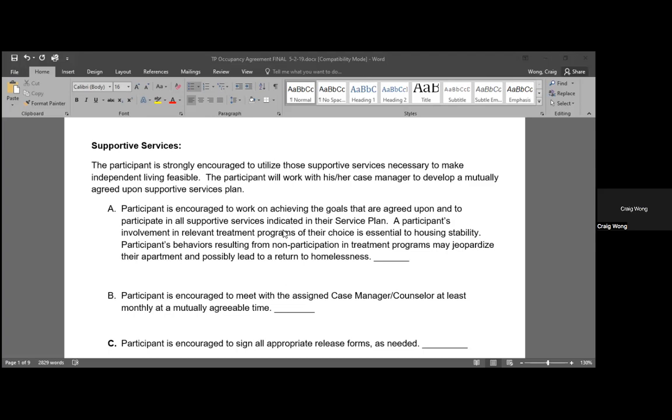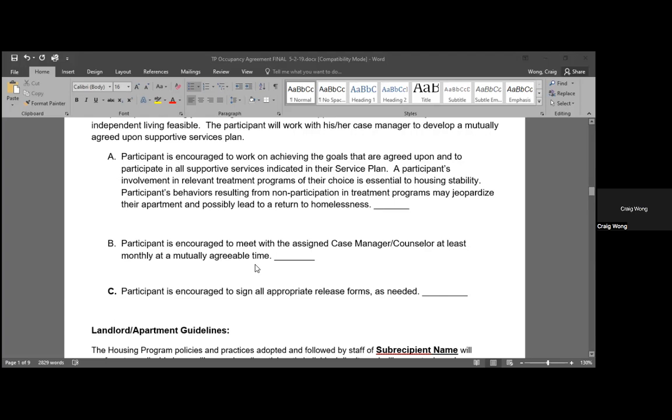Most of our CoC programs are what we call housing first, which means we cannot mandate someone to be in a program or treatment in order to qualify or to be eligible for our program. However, we do strongly encourage individuals to attend whatever program they might be in, whatever supports they might need in order to live a successful, healthy, and productive life. So that's often a discussion we have with our families.